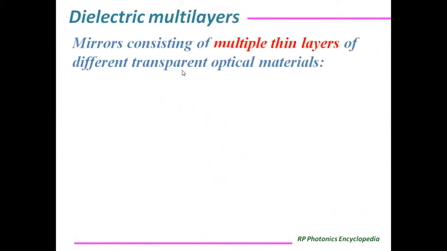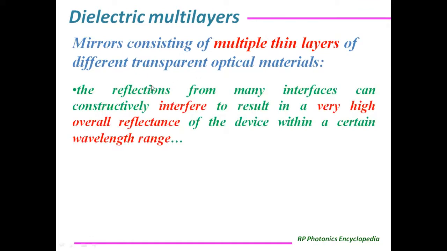Now we'll focus on the dielectric multilayers. This is the main subject of our research. It consists of multiple thin layers of different transparent optical materials, so reflections from interfaces can constructively interfere.